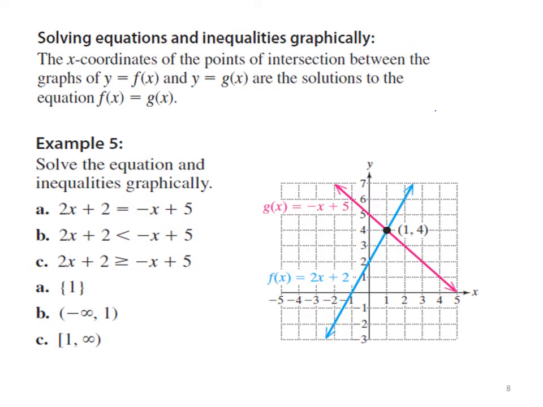Here graphically this is just the points where the y values, or the function values, of f of x are larger than g of x, and that's exactly the interval from 1 to infinity.